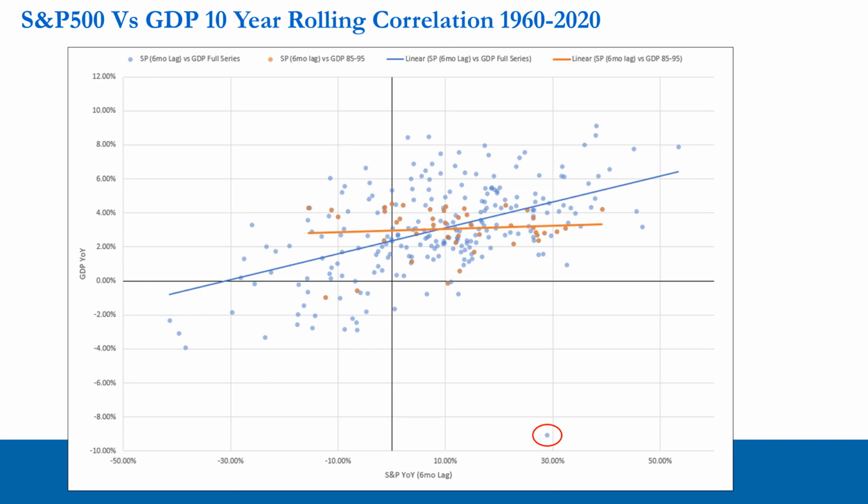And you can see that most of the cases are in the top right quadrant. Most of the cases are GDP and S&P 500 on a 6-month lagging basis, moving in the same direction, and both are positive. But there's a visual difference here that you can see when you compare the orange dots across the quadrants versus the pale blue dots.